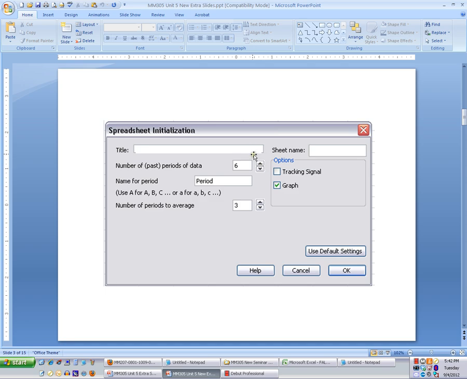To set up the moving average forecast, you'll need the number of past periods of data, and in our example we have 6 periods of data. We are doing a 3-month moving average. Depending on your problem, you may need to change these two settings, so make sure that you're aware of them and change them as you need to.